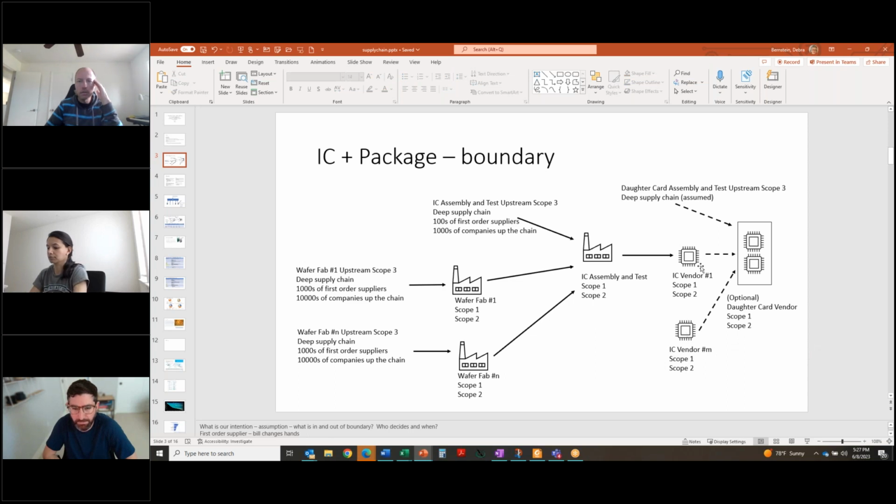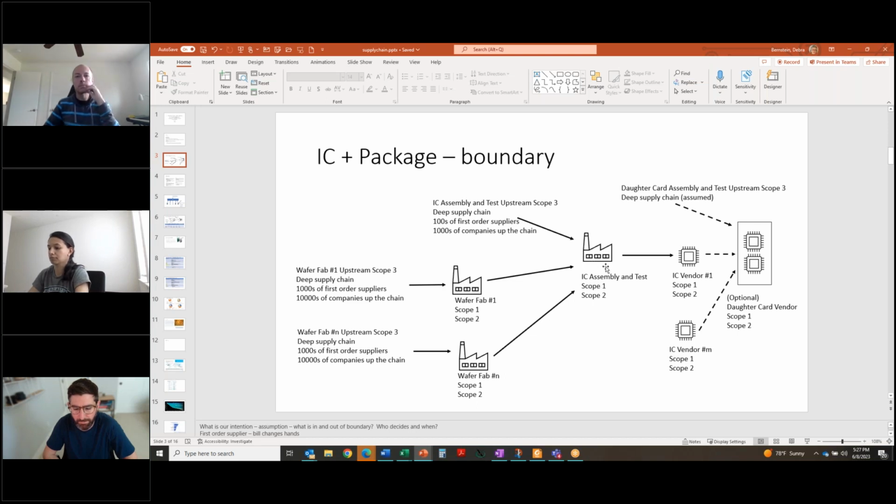For each IC vendor, I didn't draw it out for everyone, I just drew it out for one. There would be upstream from that some sort of an assembly and test entity. That entity could be owned by the IC vendor, or very popular is the outsourced assembly and test, OSAT. Sometimes you'll see this referred to as ATM, assembly and test manufacturing.